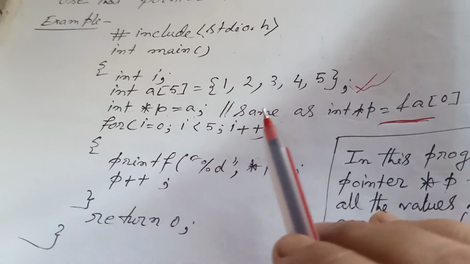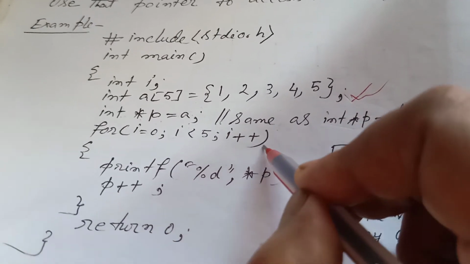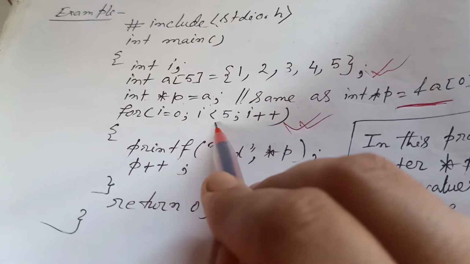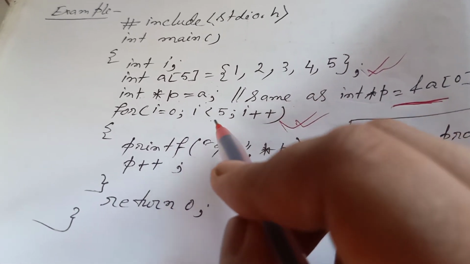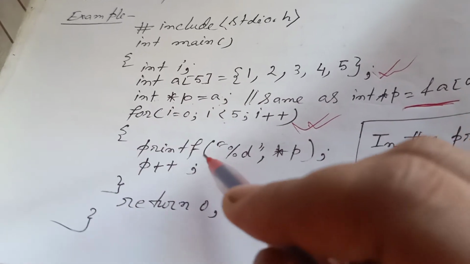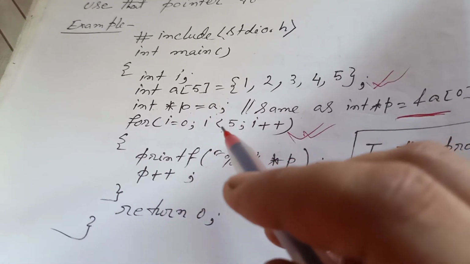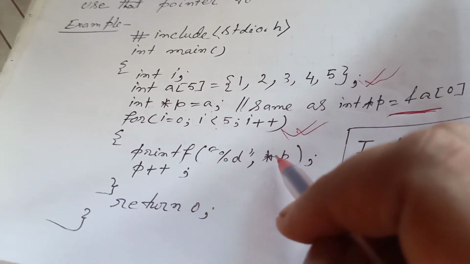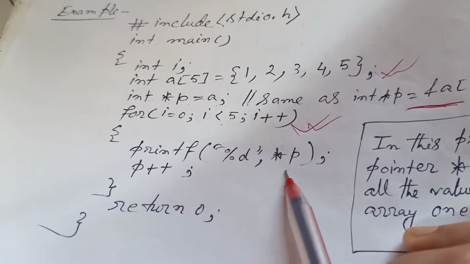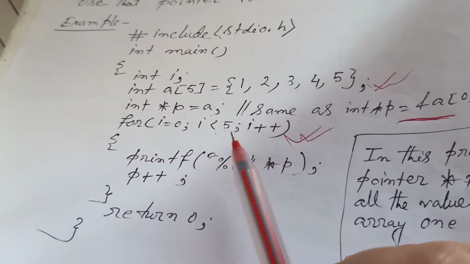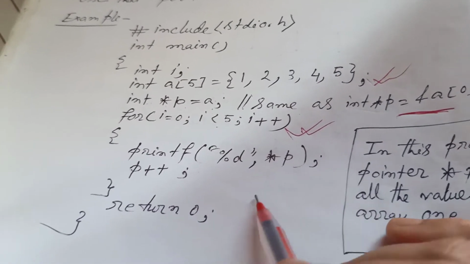We are doing the same calculation again, so we are using the for loop here: i = 0, i < 5, i++. The same calculation will go on while the index is less than 5. If it is not less than 5, the control will exit from the loop.